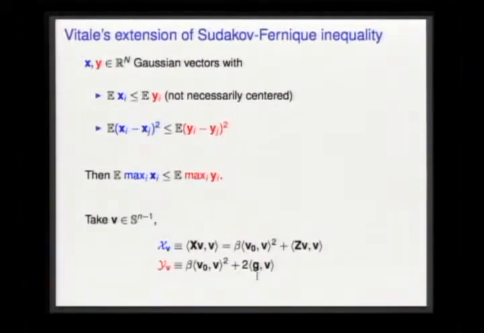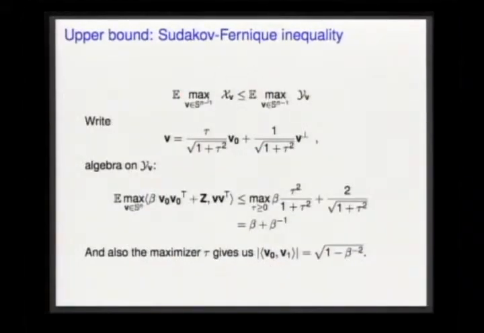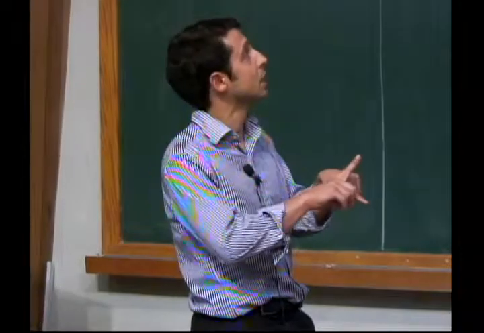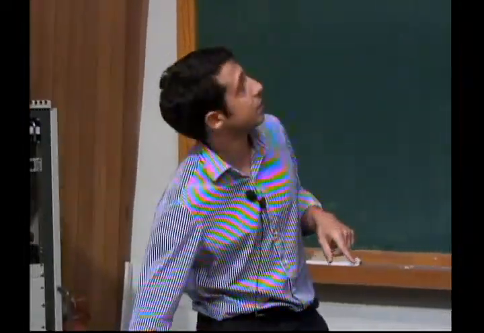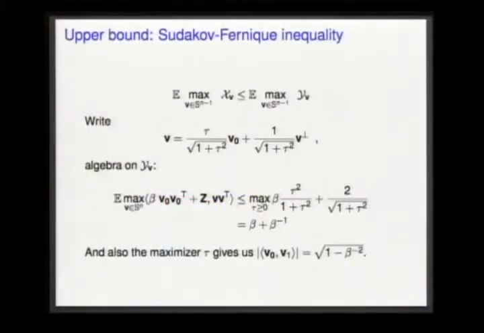The good thing here is that once we wrote that, we can expand the unknown vector v in the basis of v0, so v0 plus an orthogonal component, and write that the value of the problem is upper bounded by the maximum over only a real number. That's a way easier function to maximize.